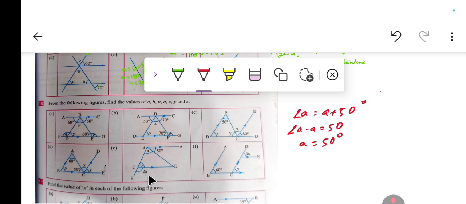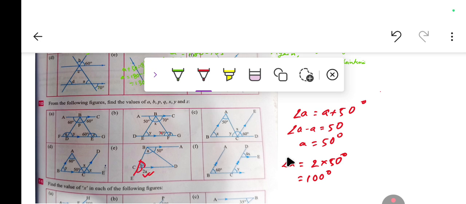When you get the value of A equal to 50 degrees, we can find out B also now. If A is equal to 50 degrees, 2A will be equal to 2 into 50, that is equal to 100 degrees. So 2A is 100 degrees, and this B, they both are on a straight line.